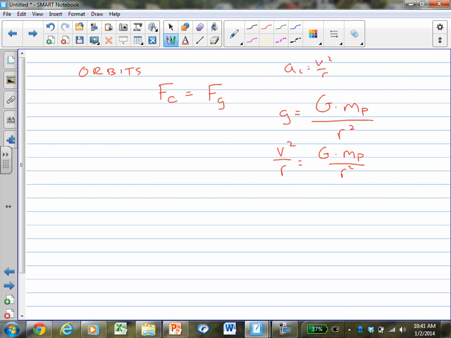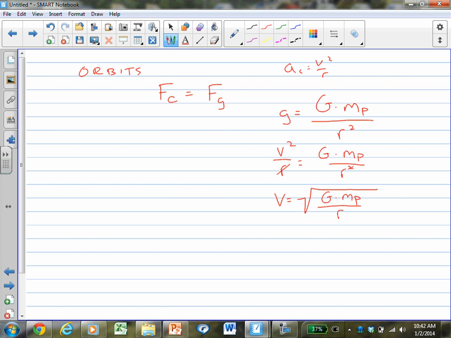And if you solve that for v, you would get the square root of G times Mp over r, which gives you the velocity of an object moving around a massive planet, where r is the radius of the planet plus the altitude that you're at.